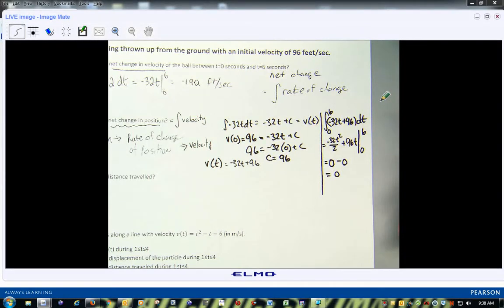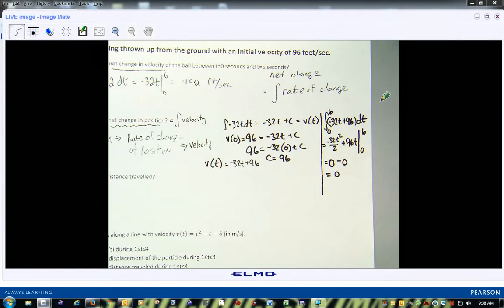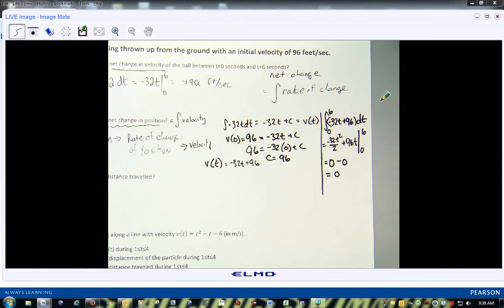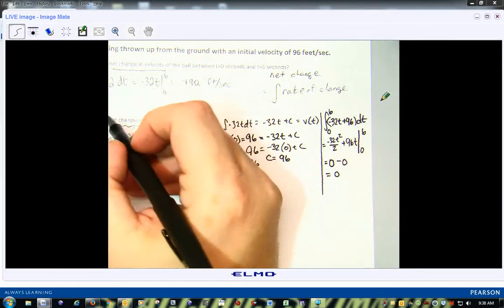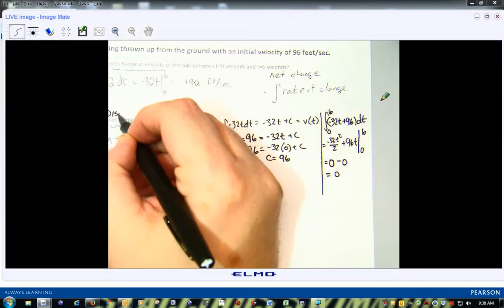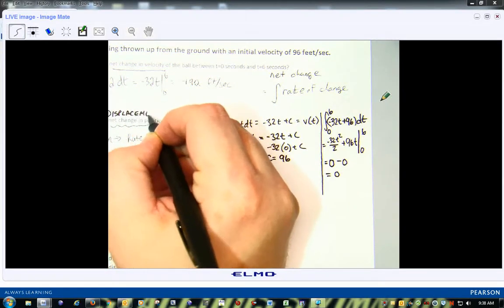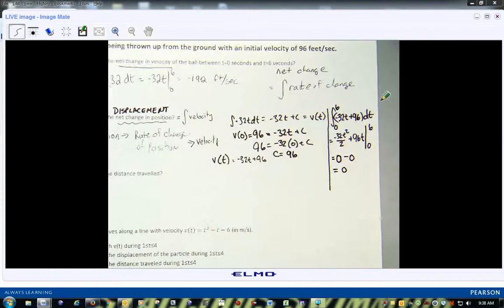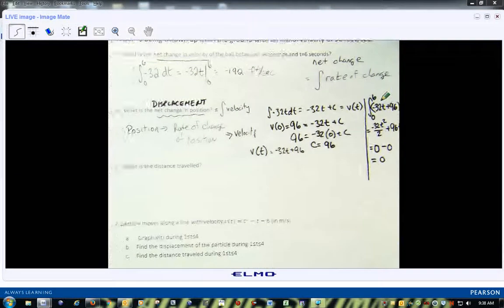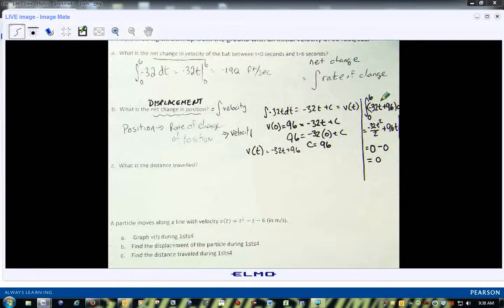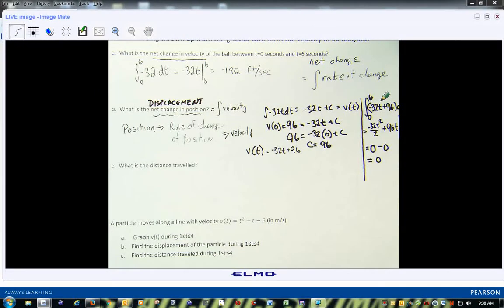But the idea of net change is, if you close your eyes at the first time and then open them up afterwards, you're going to see that net change. What is that net change? We call this displacement. In this case, it was nice because the displacement ended up being 0. Which means it went somewhere, but we don't know what it was.